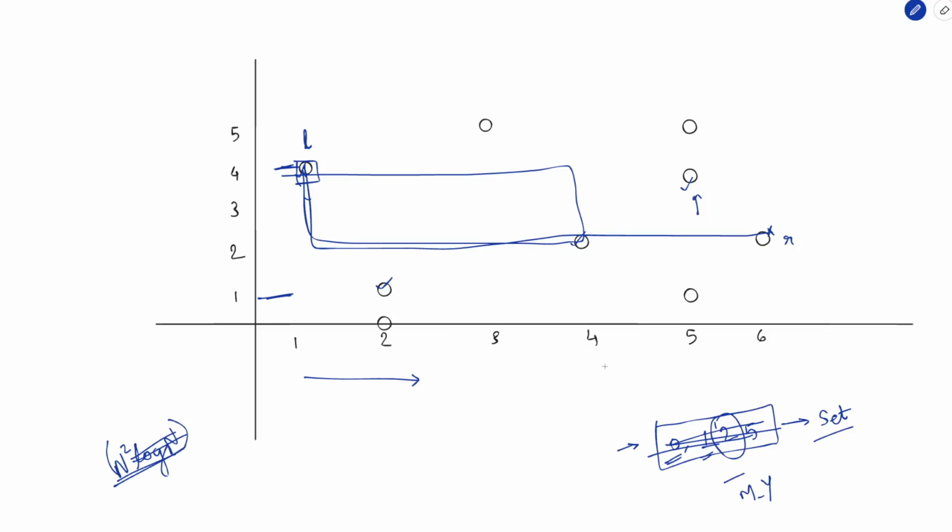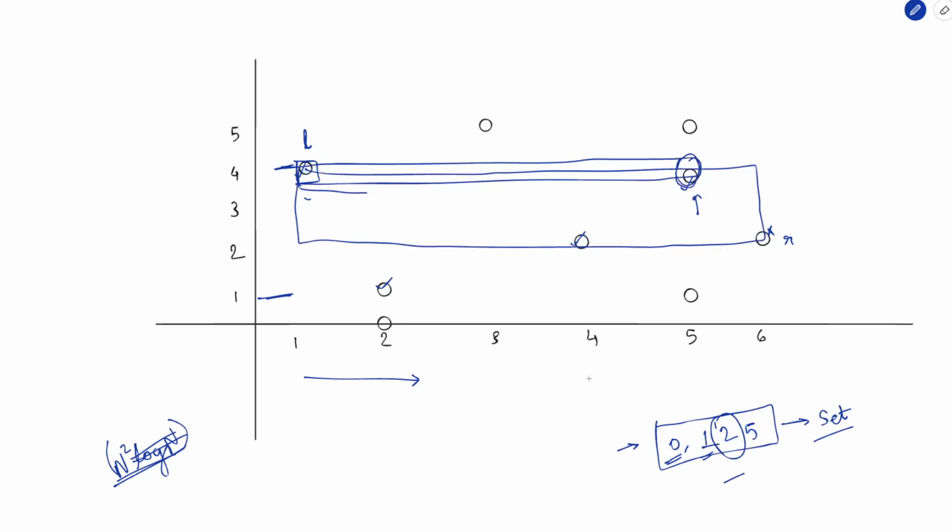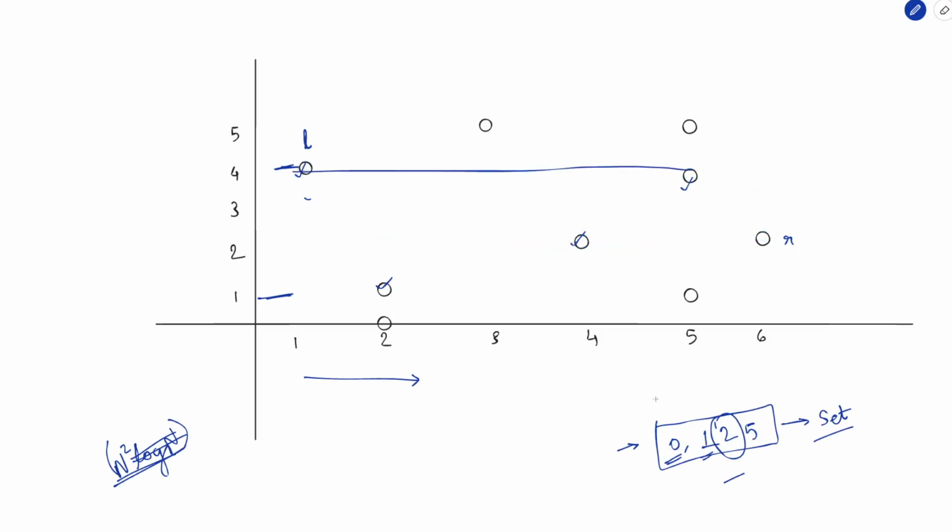So let's do one small dry run before we conclude. Again, we are trying out all possible values of L and R, and we are trying out R in the sorted order of X. So we have sorted these indexes such that the one with the smallest value of X will be first in the list, and the one with the largest value of X will be last.